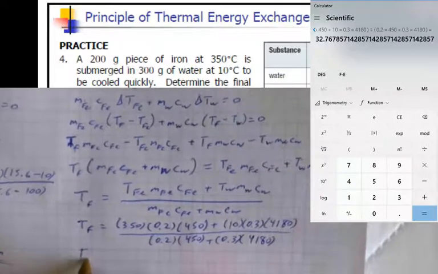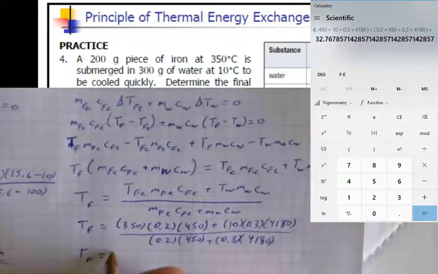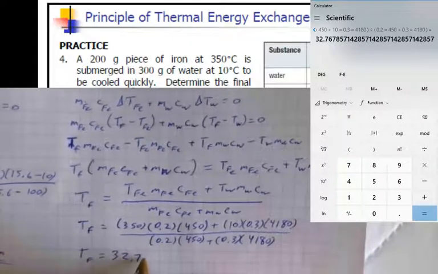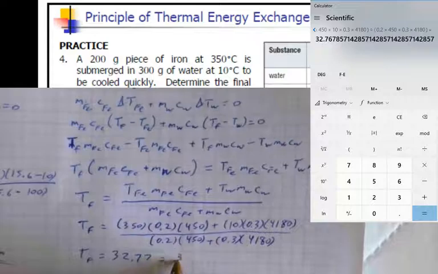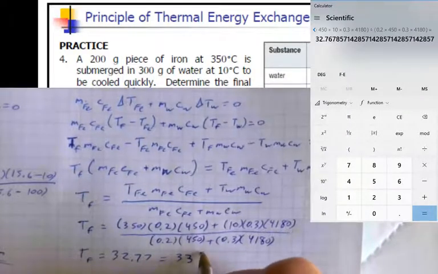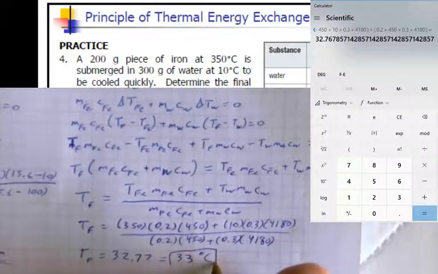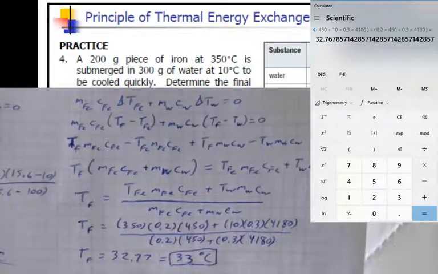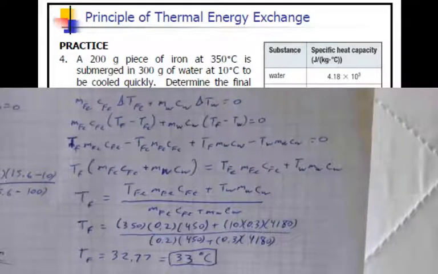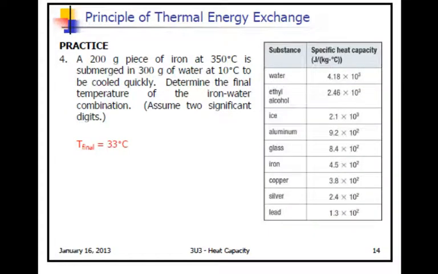So TF is 32.77, or 33, because we have two significant digits as our minimum, degrees Celsius. That is our solution to that problem. So quite a bit of algebra there to find the TF and isolate it, but that's how you would solve that.